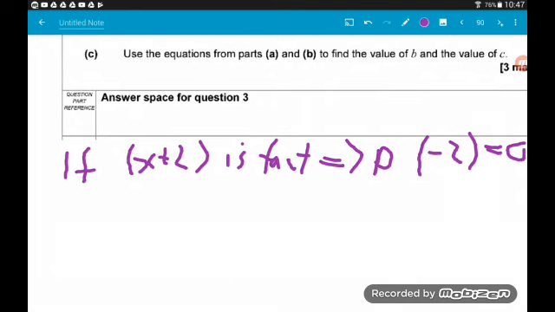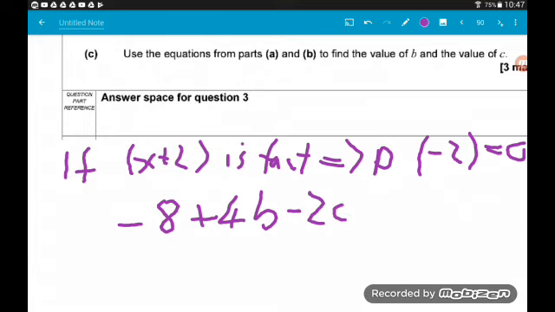So we're going to get minus 2 cubed, which is minus 8, times b lots of minus 2 squared. Minus 2 squared is 4, so we got plus 4b, and then c lots of minus 2 is minus 2c, and then we got plus 24 at the end.